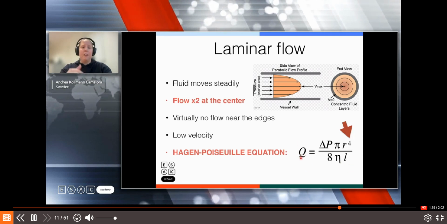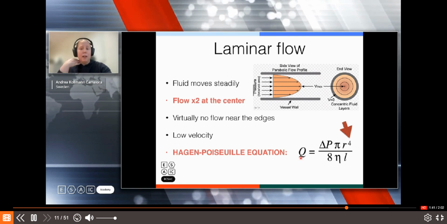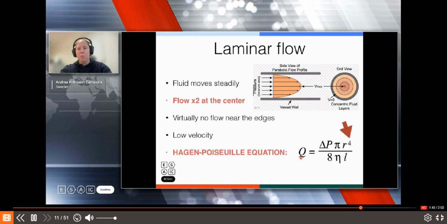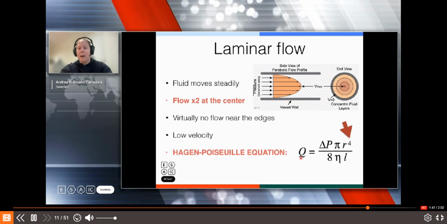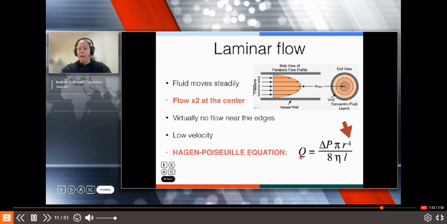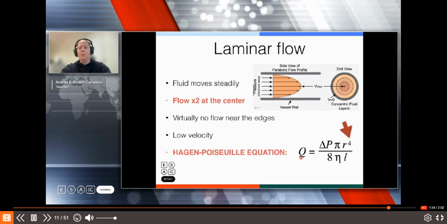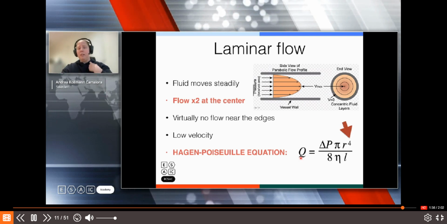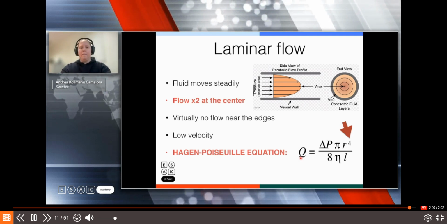So that's why having a central venous line in a big bleeding is not important at all. You want a 14 to 16 gauge IV line. So you can explain it in the part 2. You can tell them, well, I want this because according to the Hagen-Poiseuille equation, I gain this and this benefit compared to using a central line.